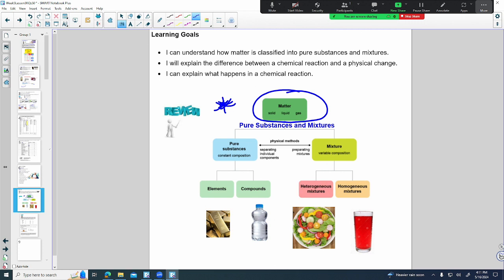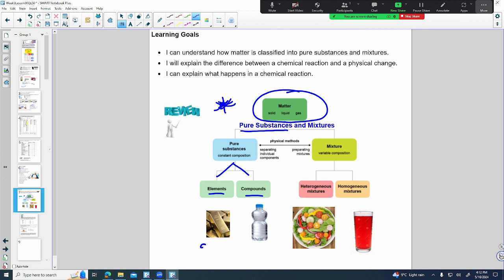So matter, everything that's around you, whether it's a solid matter, a liquid matter, or a gas matter, it can be classified as pure substances and mixtures. If it's a pure substance, it can then be subdivided into either elements or compounds.